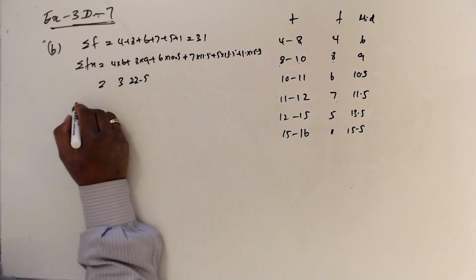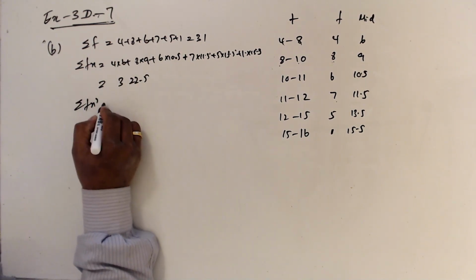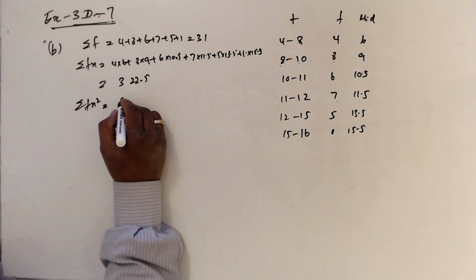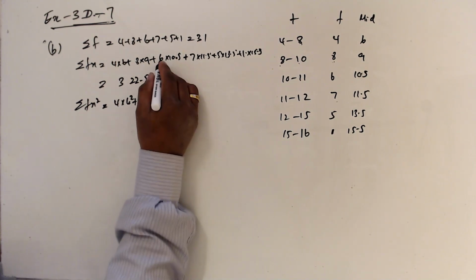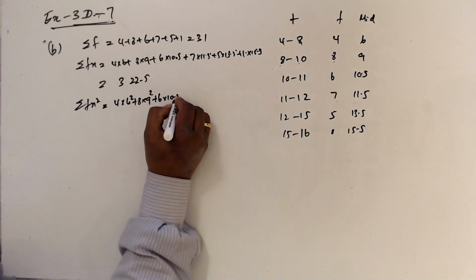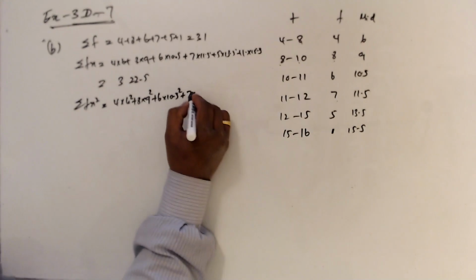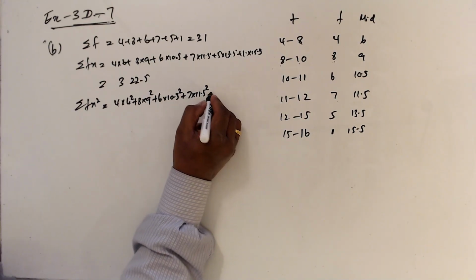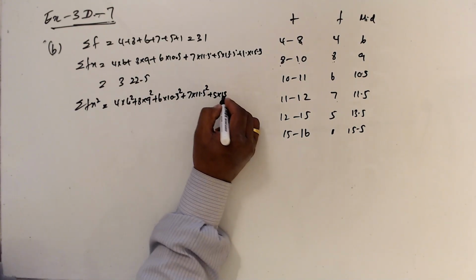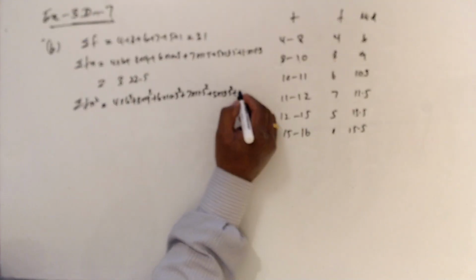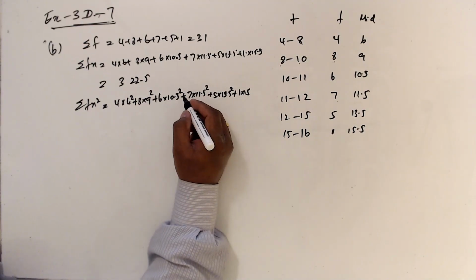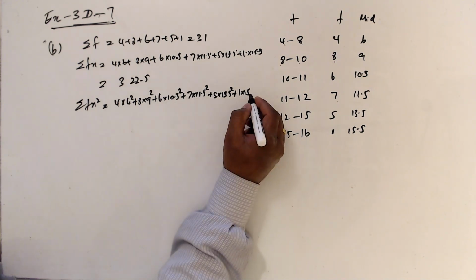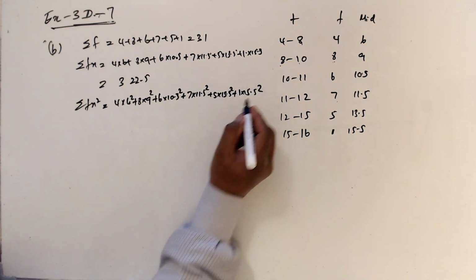So summation fx is 322.5, and summation fx square is going to be 4 times 6 square plus 8 times 9 square plus 6 times 10.5 square plus 7 times 11.5 square plus 5 times 13.5 square plus 1 times 15.5 square.